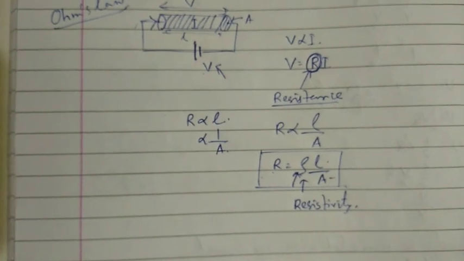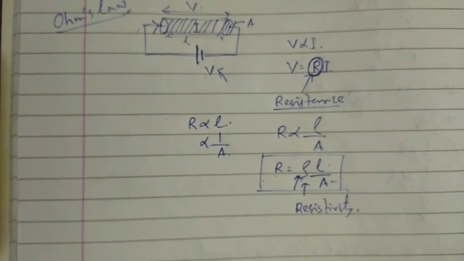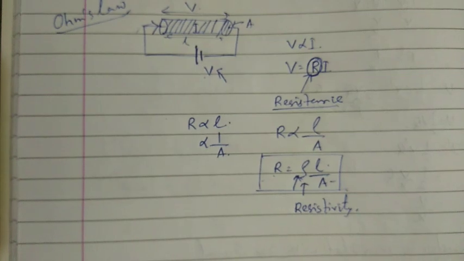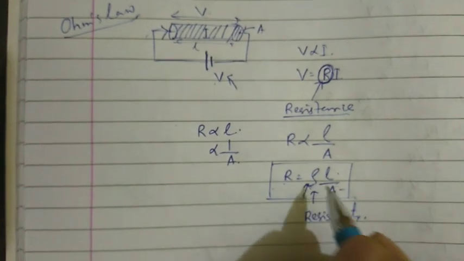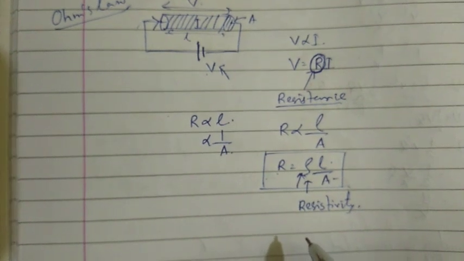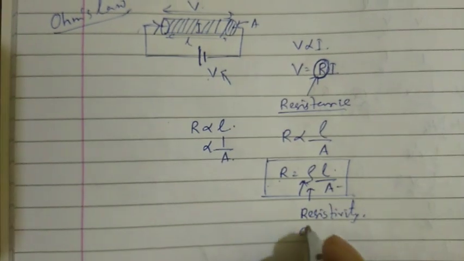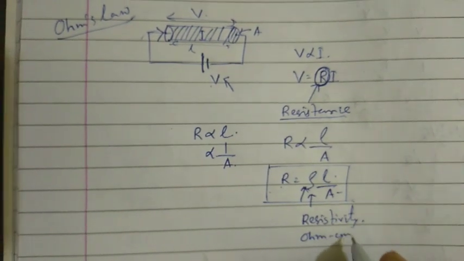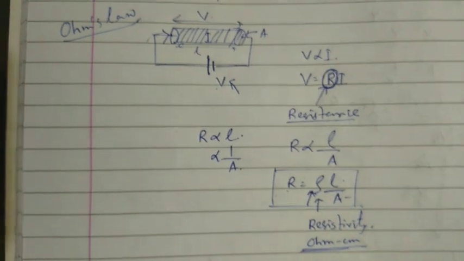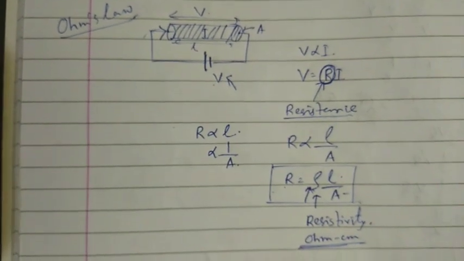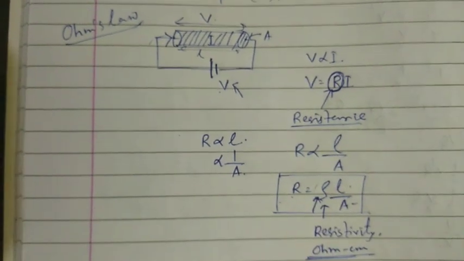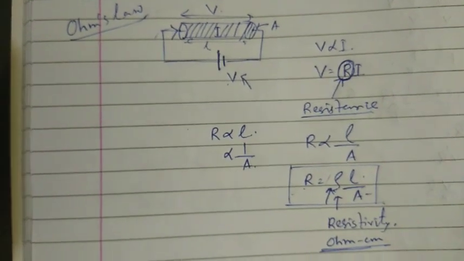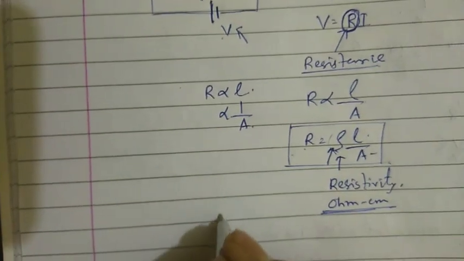That means the resistance of a wire having unit length and unit area of cross section is called its resistivity. And if you see, its unit will be something like ohm centimeter or ohm meter, and its reciprocal is known as conductivity, which is denoted as sigma.